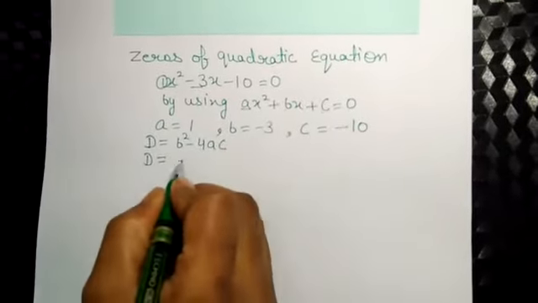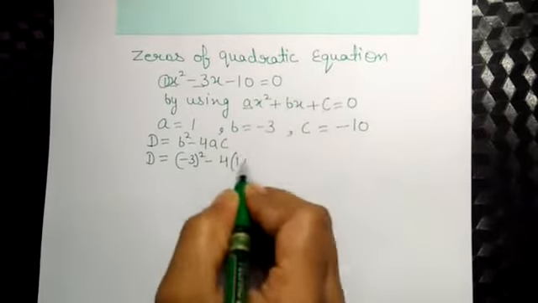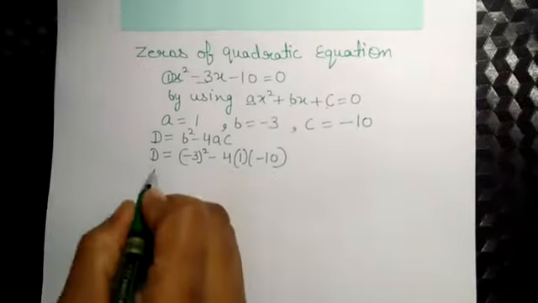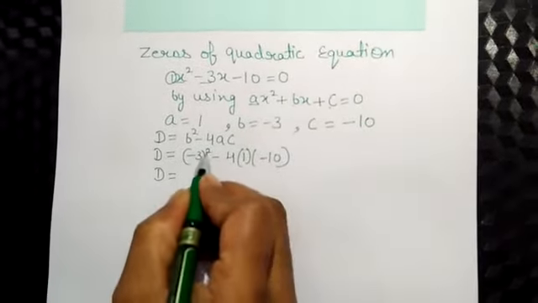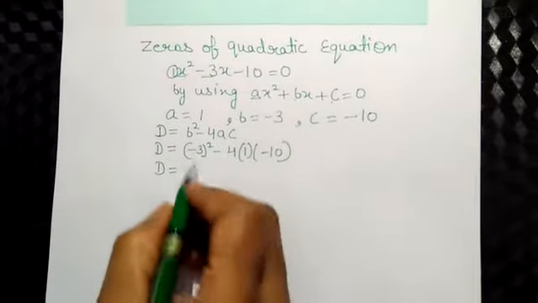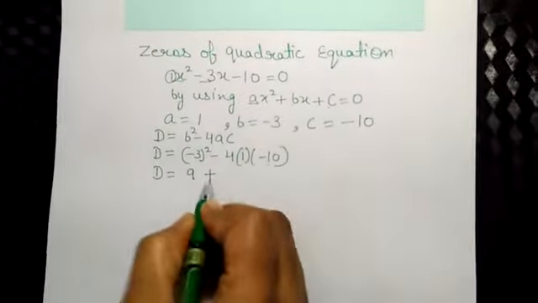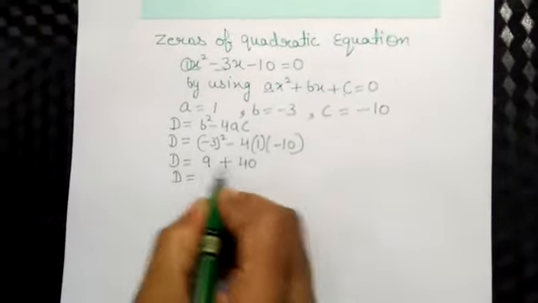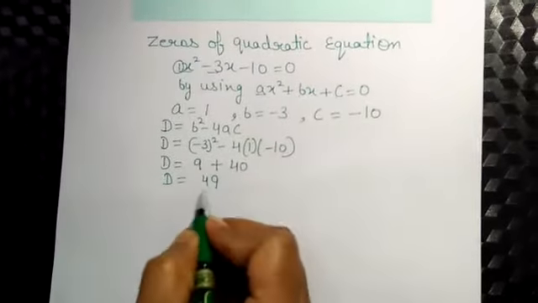B is minus 3, so it's minus 3 square, minus 4, a is 1 and c is minus 10. Now our d is 3 multiplied by 3 two times, and with the minus signs, minus minus converts into plus, 4 times 10 is 40. So our d would be 40 plus 9, it's 49.